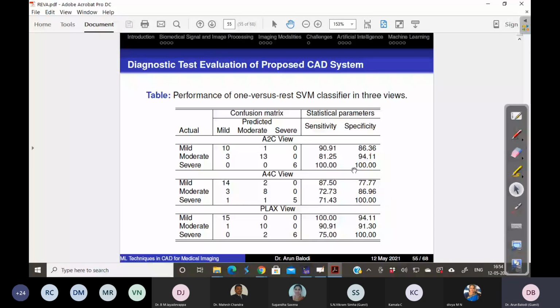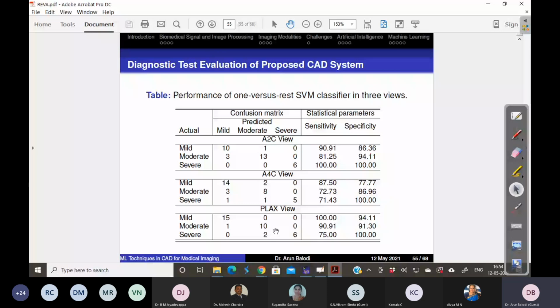But in this particular case, the A4C view, you can find that the sensitivity for the mild case came 100%. You can see here, out of 15, all 15 were classified in the mild category, but the same did not happen for moderate and severe.